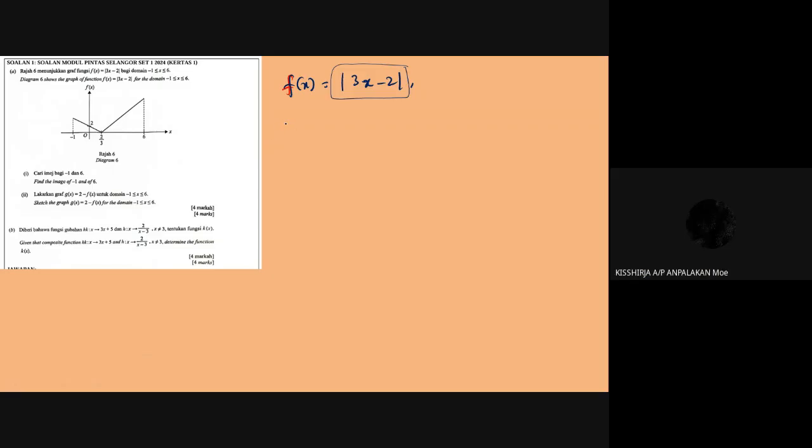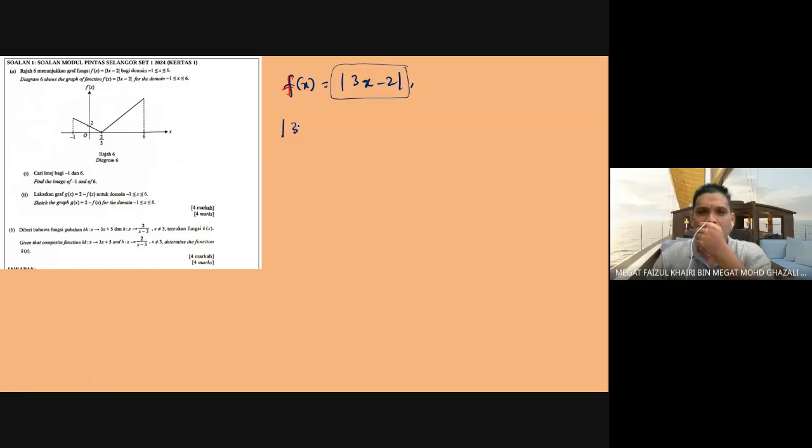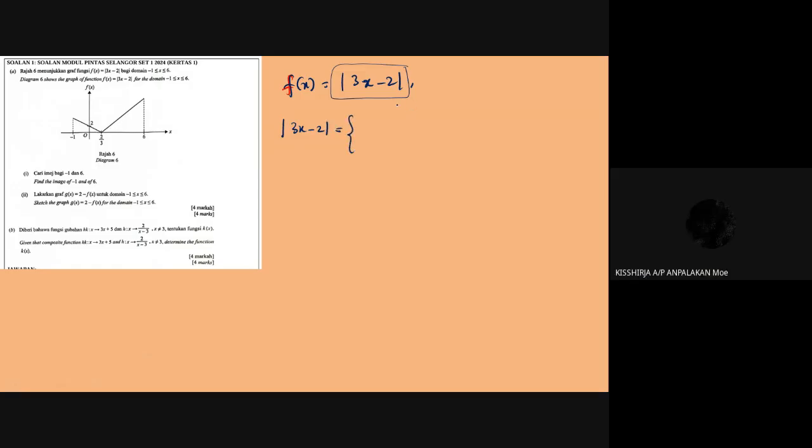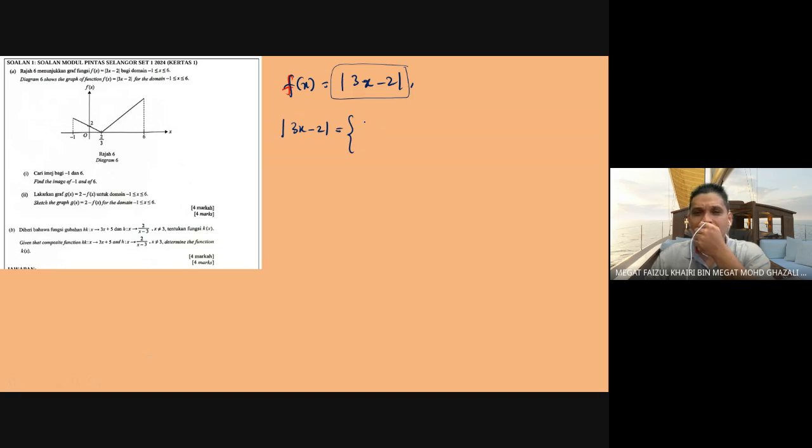Yes, sir. Okay, so modulus of 3x minus 2. They separate into two functions, right? Yes. Okay, explain to me first. Explain the first, which is 3x minus 2.